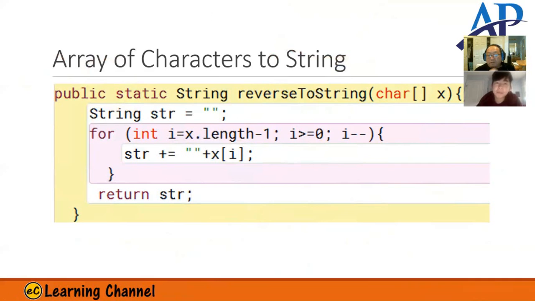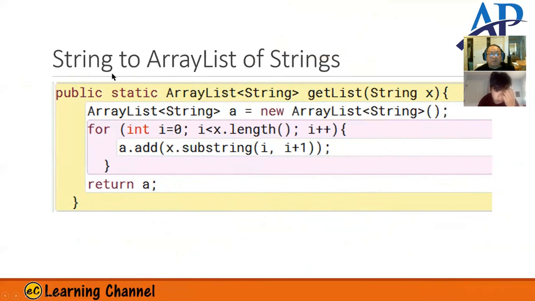So here, the pattern is simple. Converting an array of characters is simple. But here, I'm trying to give you some idea of how we can use this pattern for different jobs. The next one is string to array list of strings. That's not hard. I get a string, and each time I get a character and add it into an array list of strings.